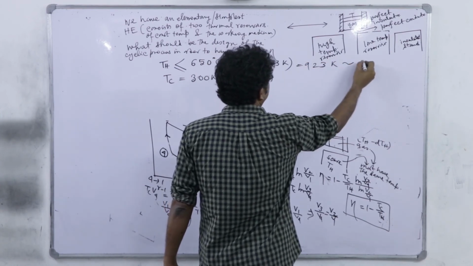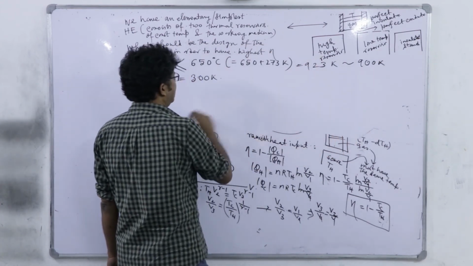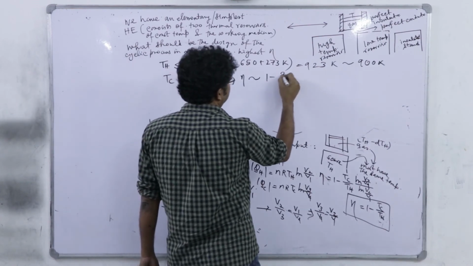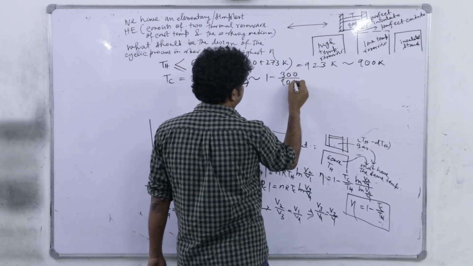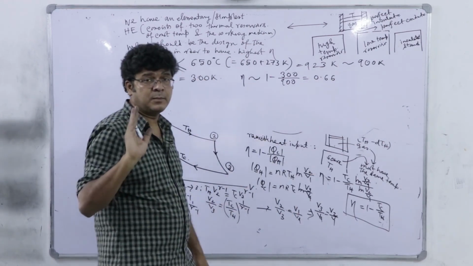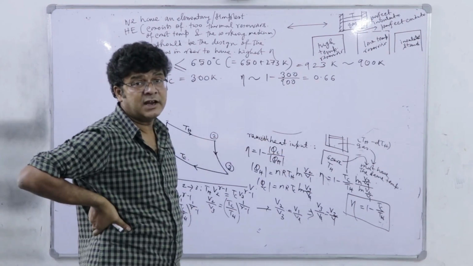So approximately it is in the order of 900 Kelvin, and this is 300 Kelvin. So the maximum possible efficiency is 1 minus 300 divided by 900, so it is 0.66, 66% maximally, with a Carnot cycle. It is a theoretical limit.